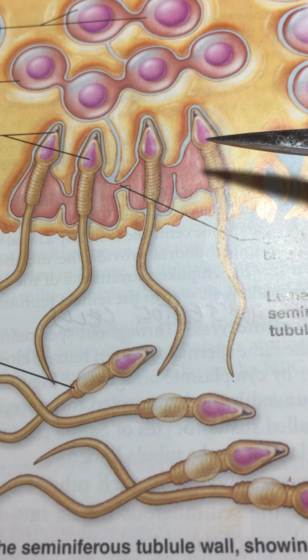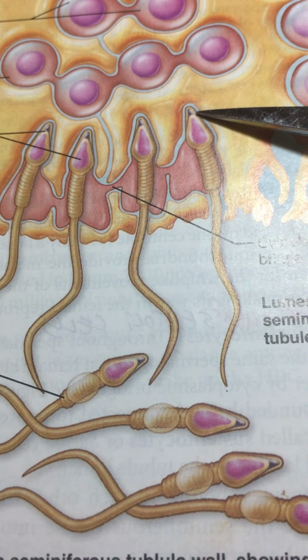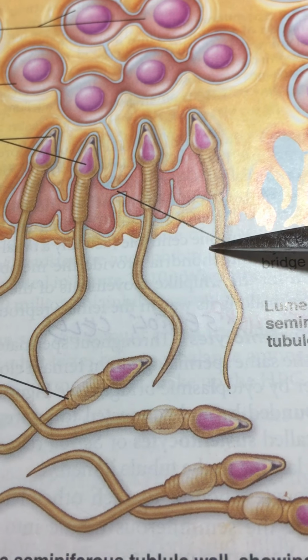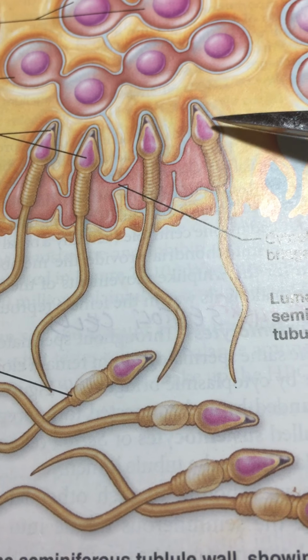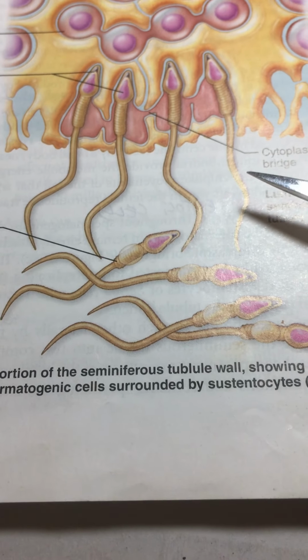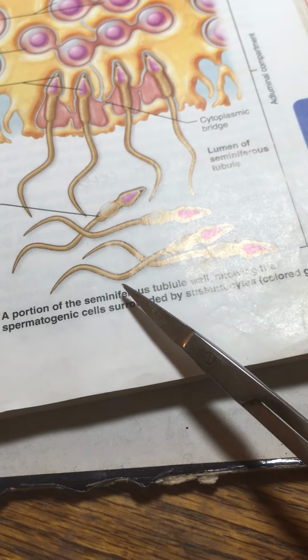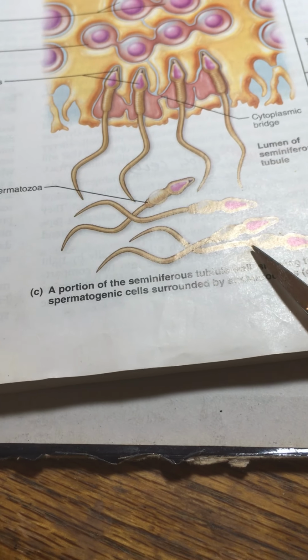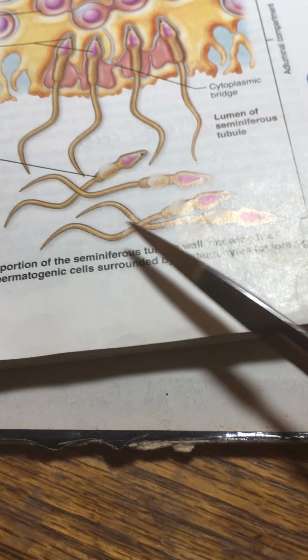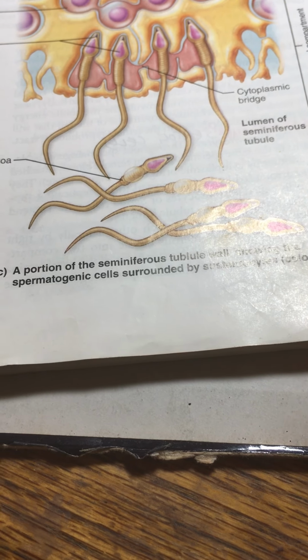It has a corona radiata around it, and so the egg doesn't hatch until well after it has been fertilized. So we need enzymes to get through that. Here they're backing out of the driveway, as it were, and they actually have no motility at this point, and they are simply being swept along with the testicular fluids in the direction of the epididymis.